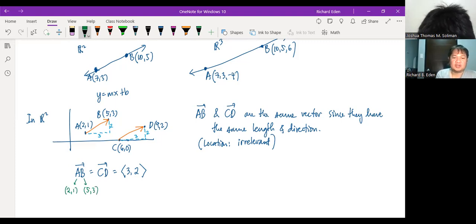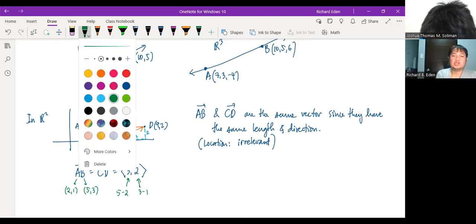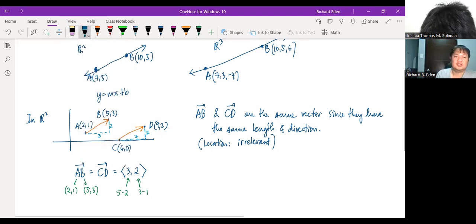If you take the difference of the x coordinates from A going to B, that would be 5 minus 2, that would be the first component. And if you take the difference of the y coordinates from 1 going to 3, that's going to be 3 minus 1, and that is what accounts for the second component, 2. All right, so that's how you write down a vector in terms of its components.